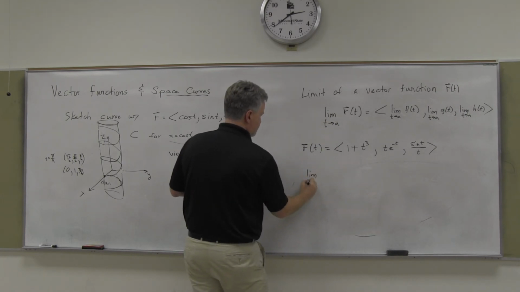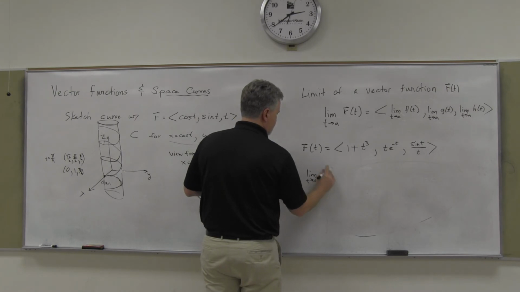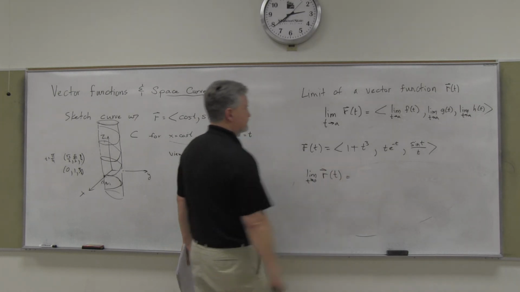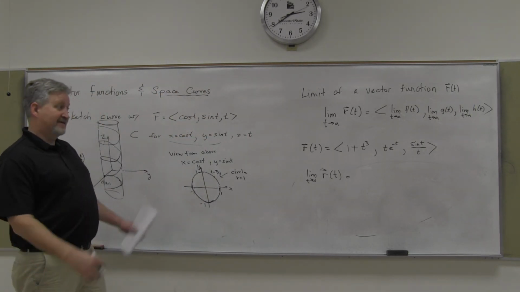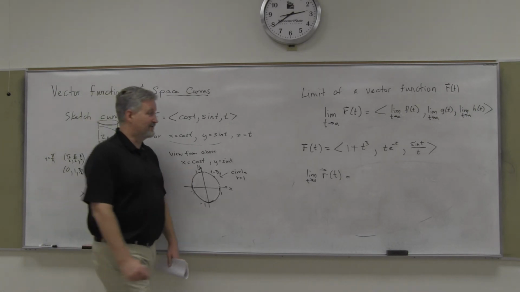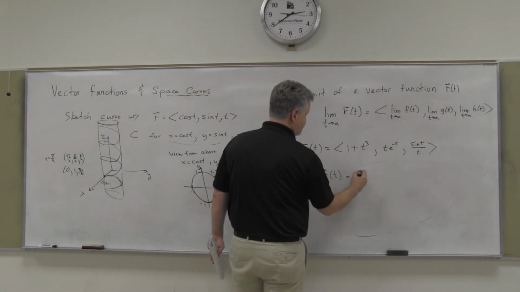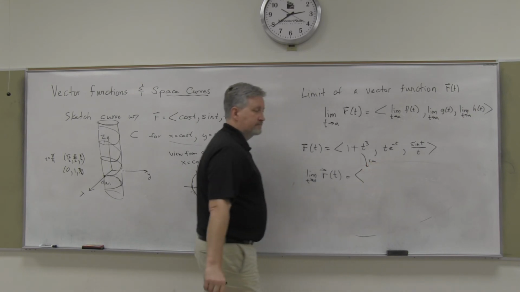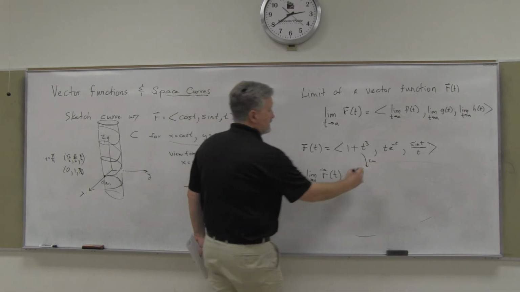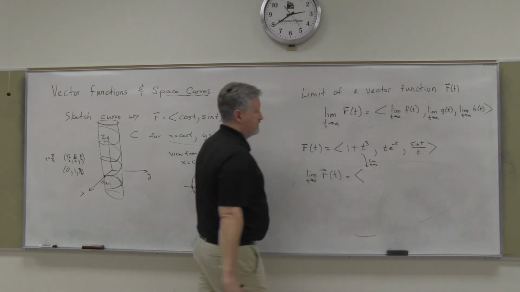What's the limit as t approaches 0 of r of t? Again, it is good news because all you have to do is the limit of each individual part as t approaches 0. So let's denote it that way.